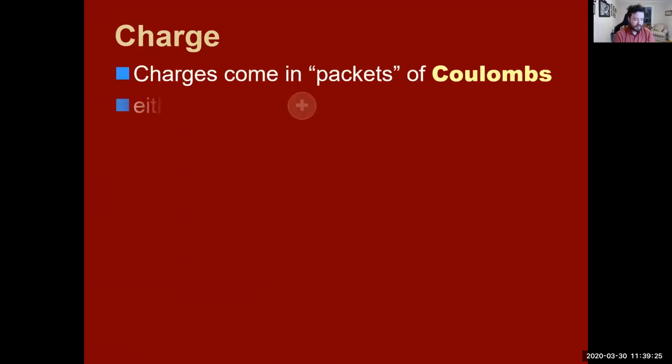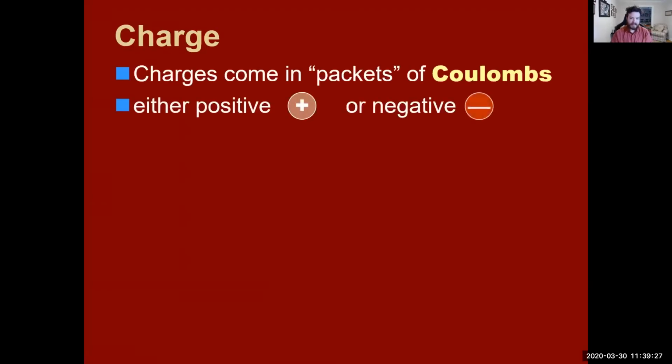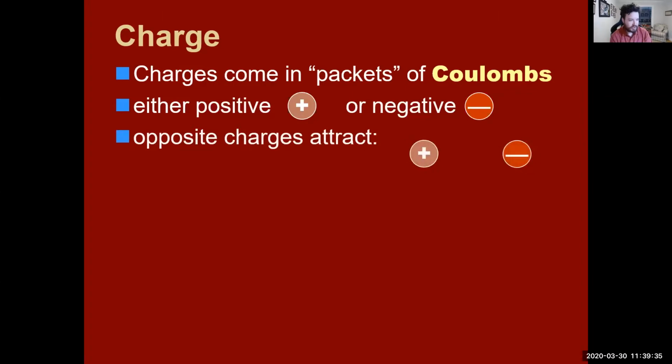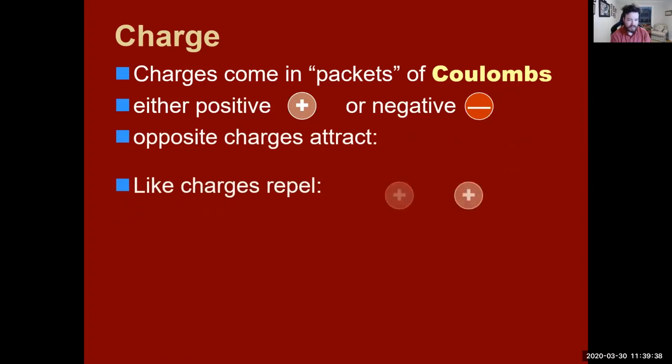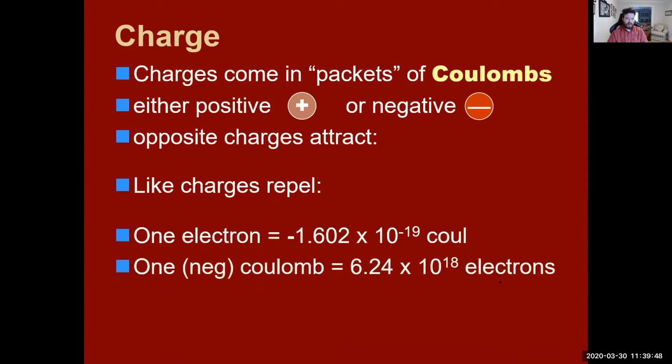So first thing, we have charge. Charge comes in packets of coulombs, either positive or negative. Opposite charges attract. Like charges repel. 1 electron is equal to negative 1.602 times 10 to the negative 19 coulombs. 1 negative coulomb is equal to 6.24 times 10 to the 18 electrons.